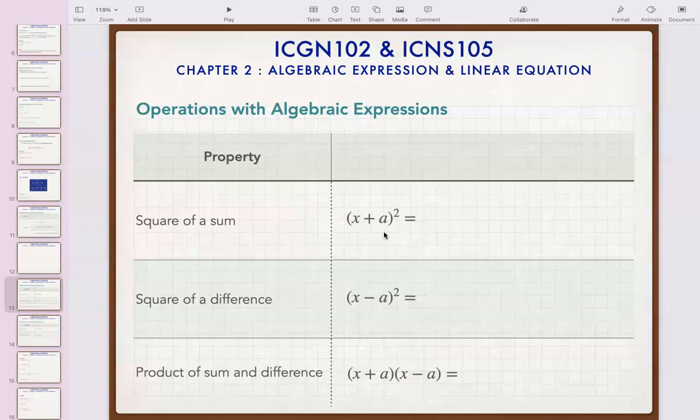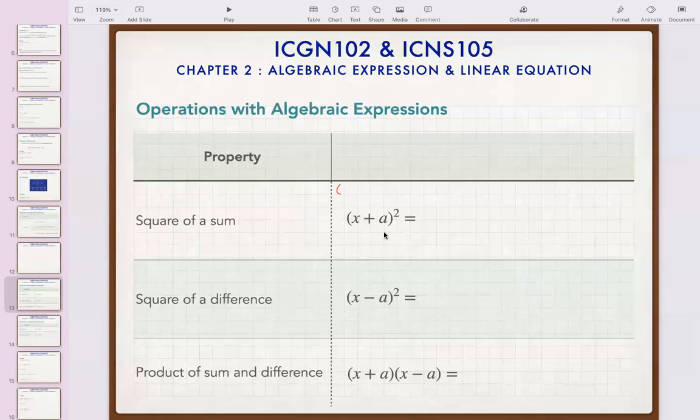Actually, you could calculate it using the ideas that we learned before, the FOIL method, and you still get the answer. But from the FOIL method there will be a final result that you can just remember.